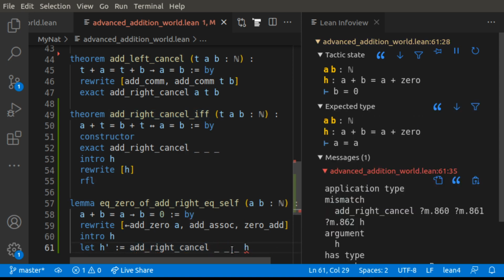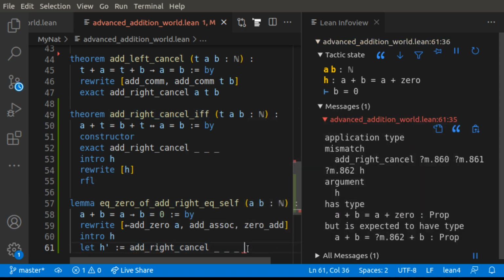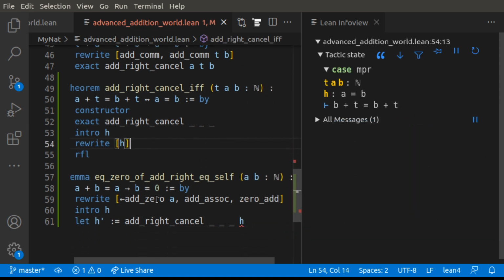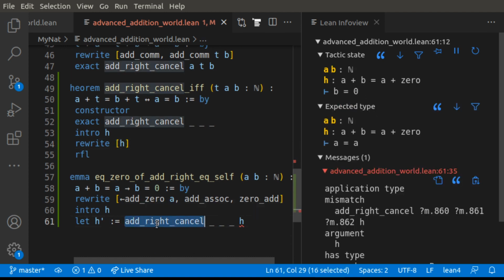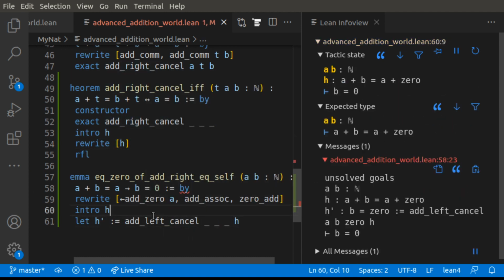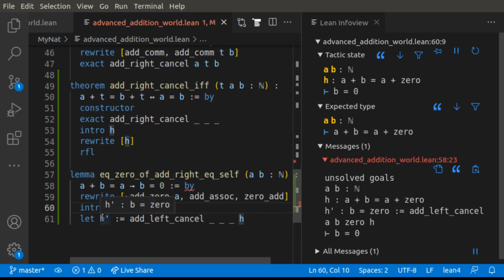I don't need the if and only if. What went wrong here? Is that right? Cancel not the one I want? b + d. Oh, I want add_left_cancel. Add left cancel. Nice. Okay, H' is b = 0.